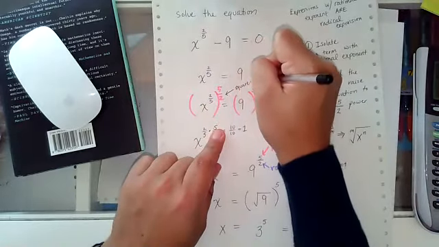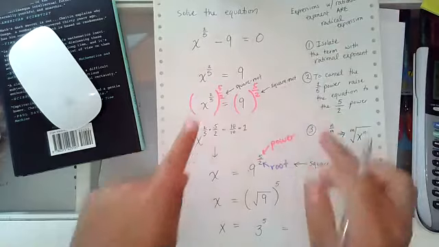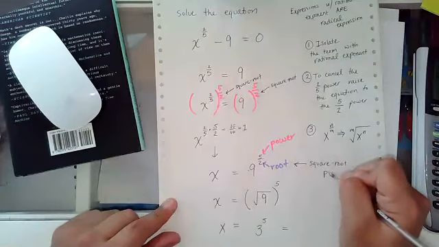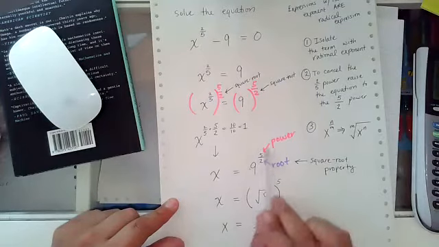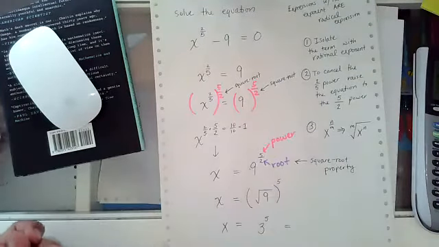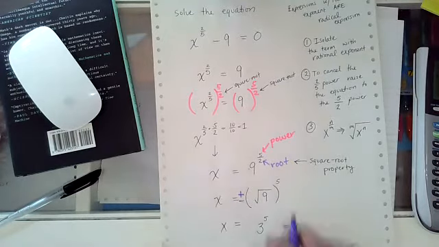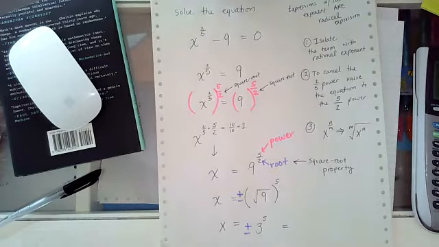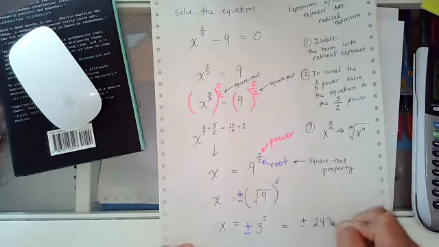And if we take the square root of both sides, then we have to have a plus or minus because of the square root property. So technically, when we take this square root, we need a plus or minus in front of this number that we're going to simplify. So really, this is plus or minus 3 to the 5th power. So we should get plus or minus 243.